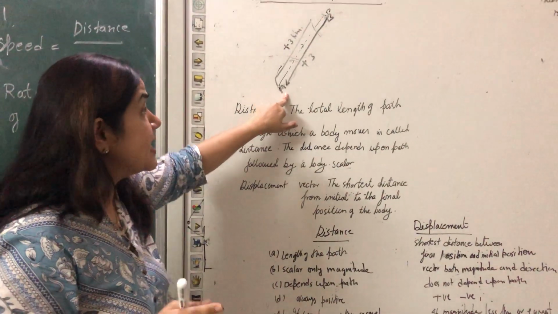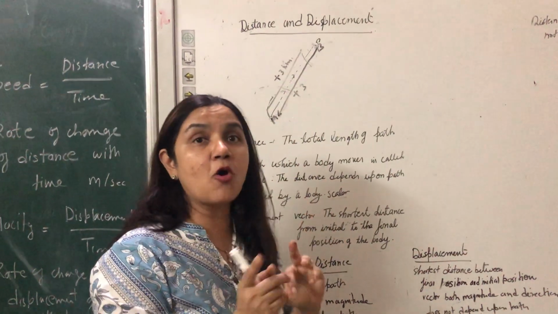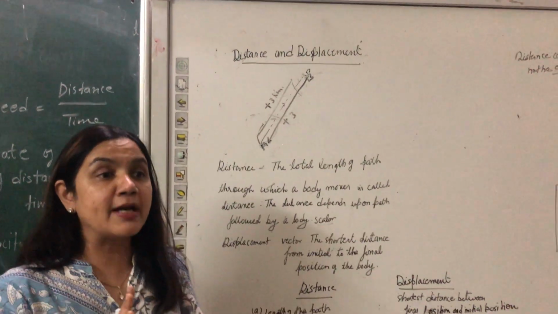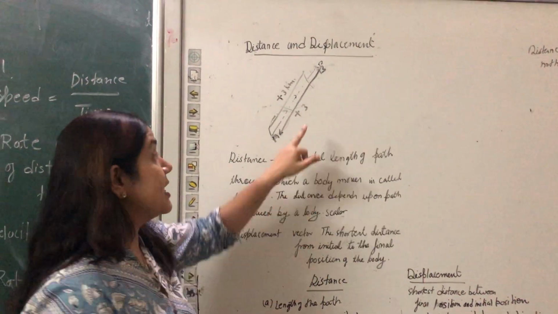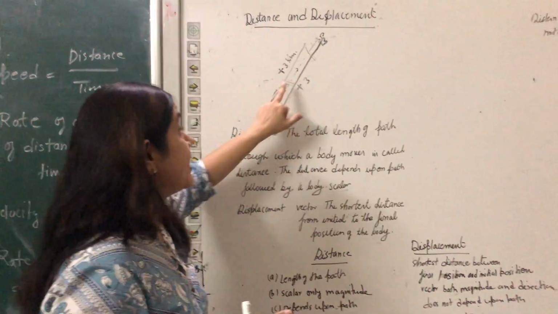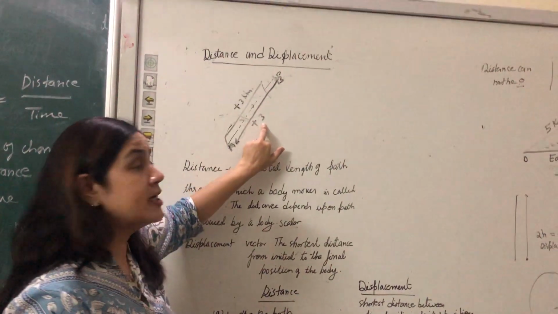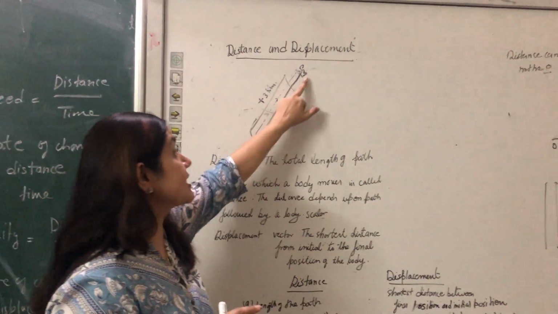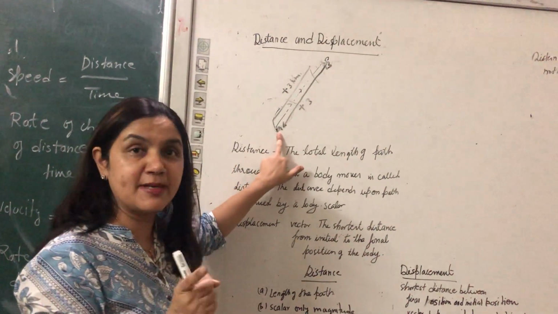So in some cases distance and displacement may be the same, but in other cases distance is always more than displacement. You can say here the distance is 3 plus 3, so 6 kilometer, but when he comes back to his original position, displacement is 0.